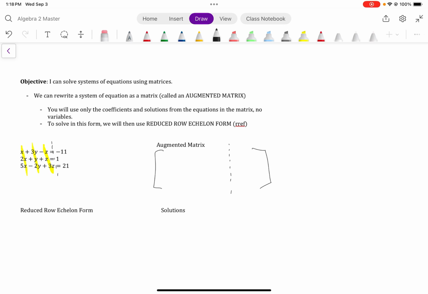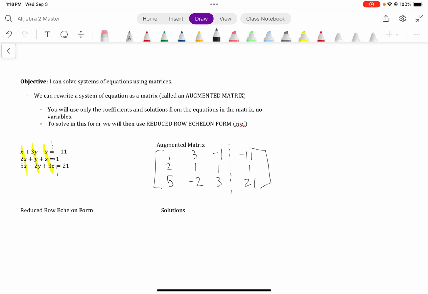In my top row, I'm going to have 1, 3, -1, -11, where the 1 is the coefficient of x, the 3 is the coefficient of y, the -1 is the coefficient of z, and the -11 is the answer, the equals constant. And I do that for each row.